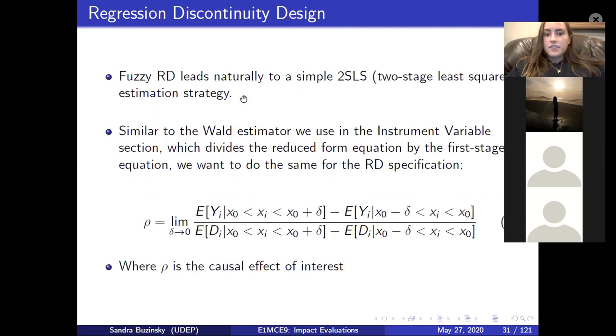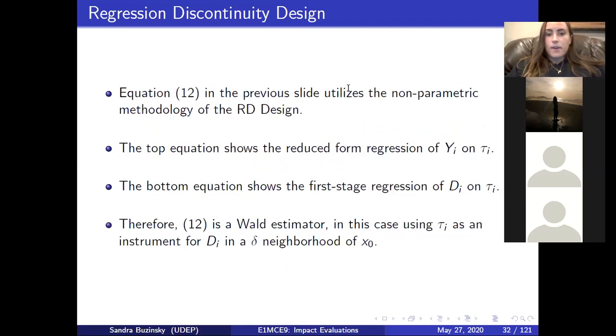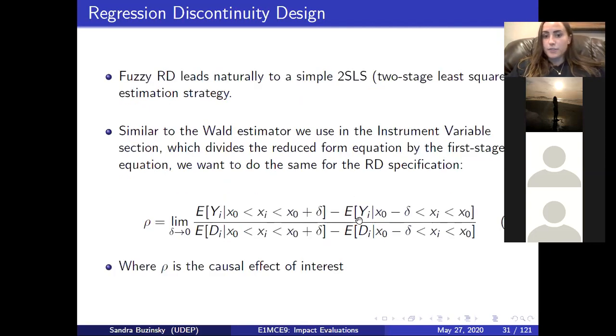You can see how this utilizes the non-parametric design of RD, because we're using this delta, right? We're not parameterizing it with polynomials. Instead, we're just considering a small window so that we can estimate a linear relationship.